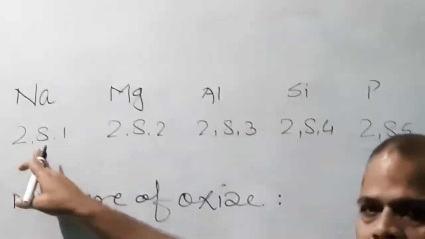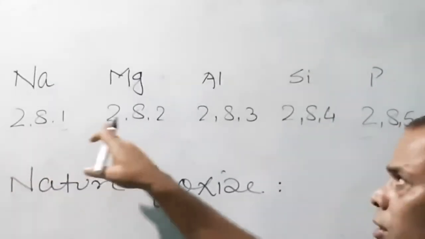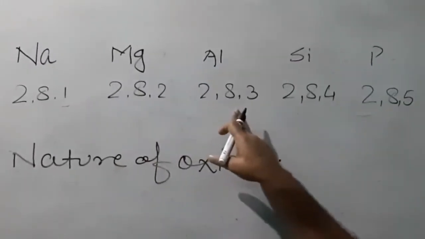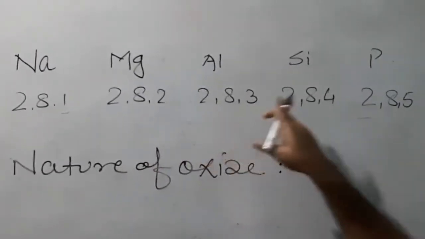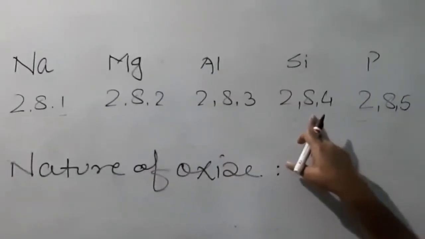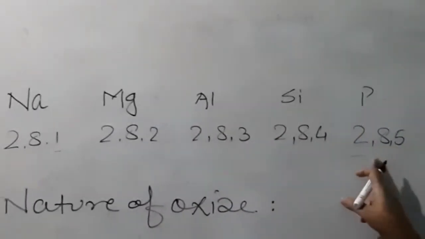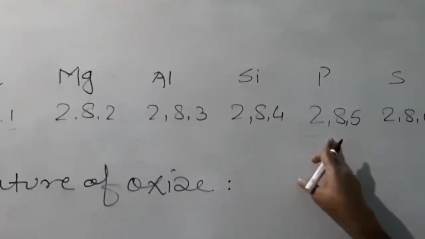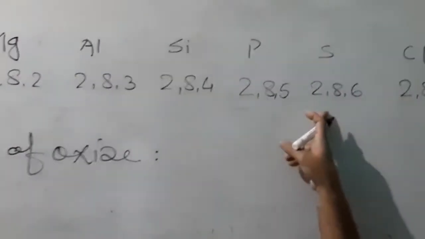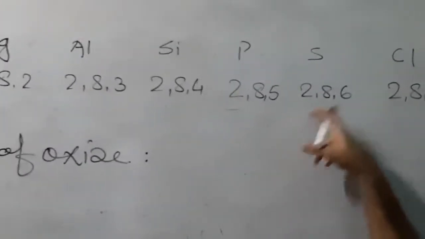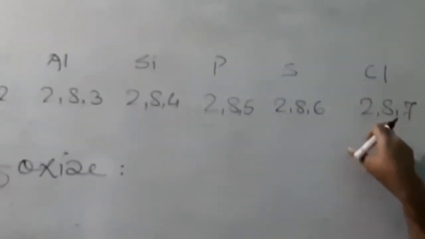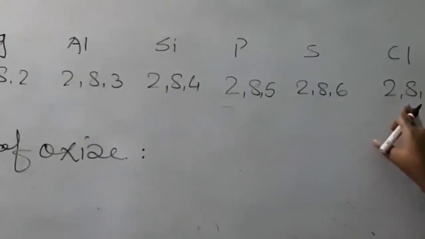So what is happening? Once again, you see it. Sodium oxide is highly basic, magnesium oxide is basic, aluminum oxide is amphoteric, silicon dioxide is slightly acidic, phosphorus oxide is slightly acidic, sulfur dioxide is strongly acidic, chlorine oxide is also strongly acidic in nature.